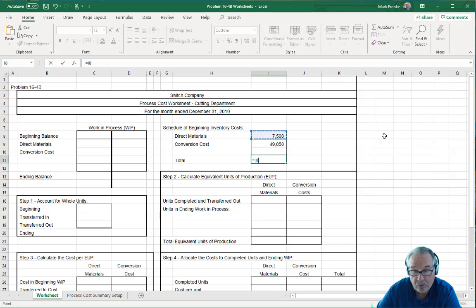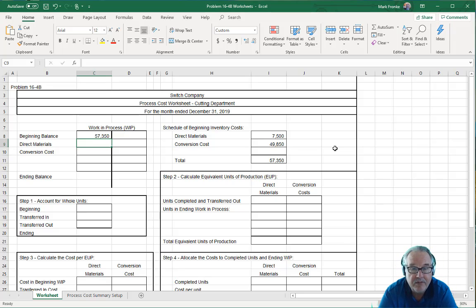When we add those together, we get $57,350, and I'm going to plug that in right over here as the beginning balance in work in process. In other words, this is what was in process at the beginning of the month.